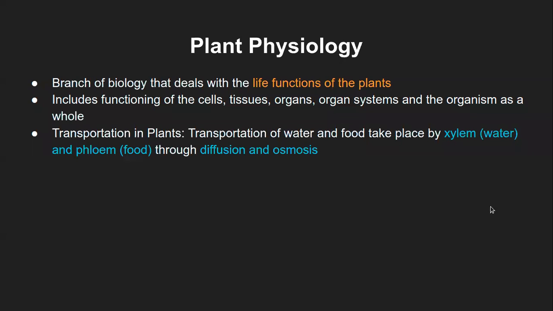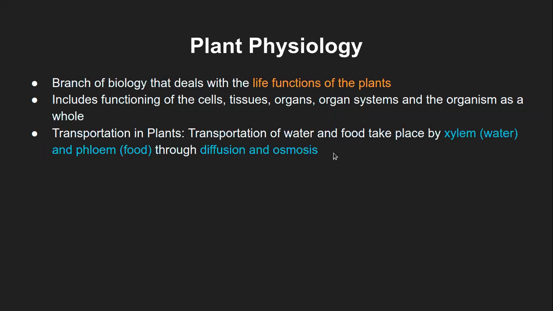One concept that we might be aware of, for example in plant physiology, is transportation in plants. I assume you remember it from last class, 9th standard. That is transportation with the help of xylem and phloem. Xylem will conduct water and minerals, phloem will conduct food and water.